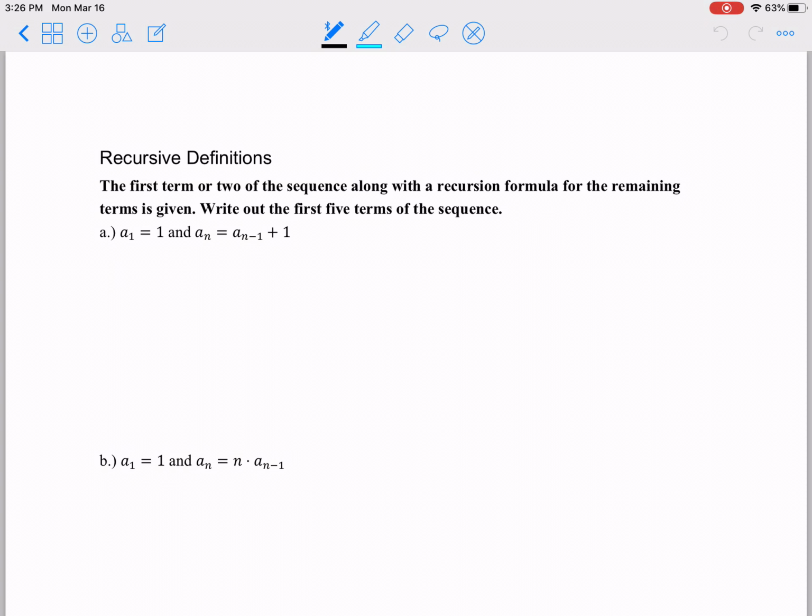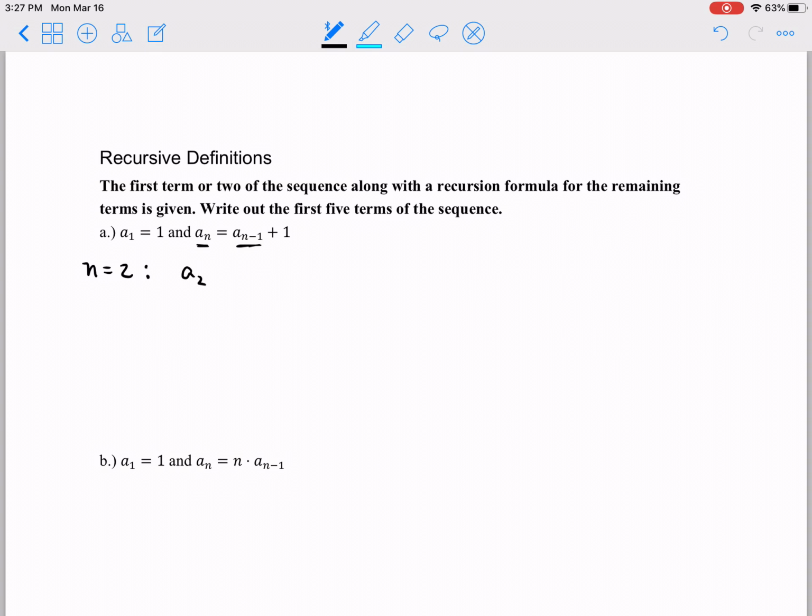So if we look here, we have a1 equals 1, and then they're telling us that in order to find a(n), we have to have the previous one, a(n minus 1), plus 1. So in order to find a2, let's say n equals 2, we have to have the one before it, which is going to be a1.